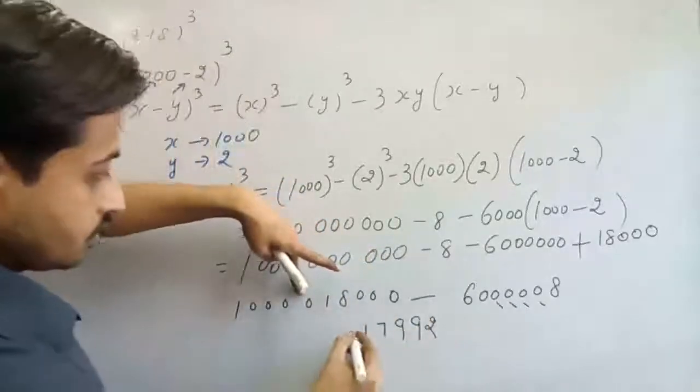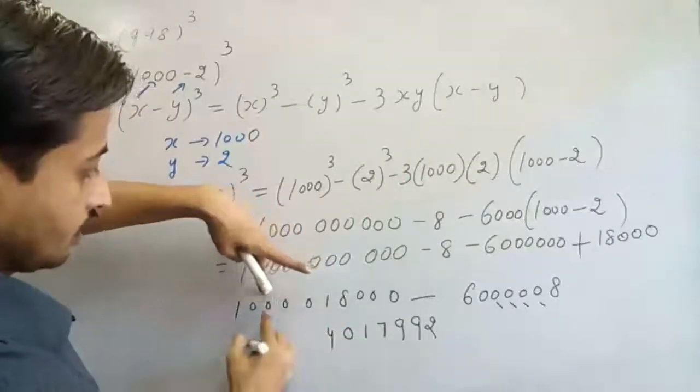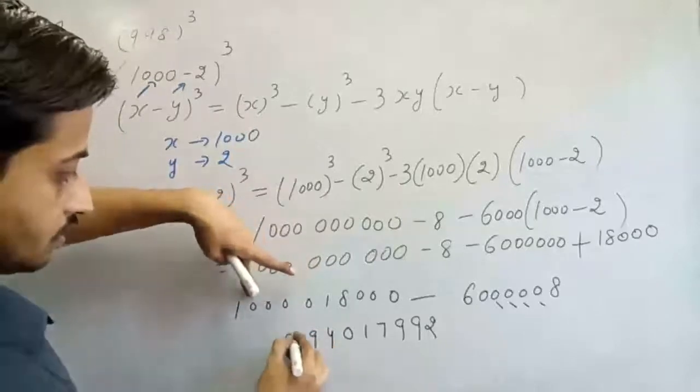Now this is 0. Now 10 minus 6 is 4. This is 9. This is 9.